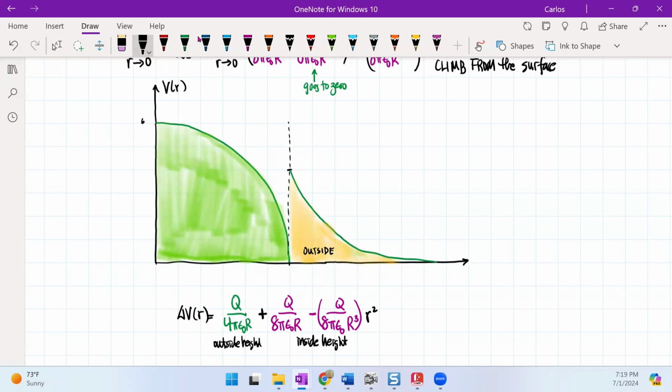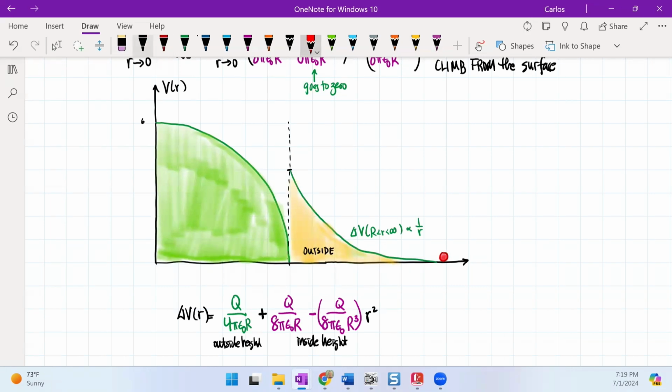And when I look at this, I'm seeing that my potential field between big R, little r, and infinity is equal to this guy, which is proportional to 1 over little r. That's what we're seeing right there when I have this test charge that's moving in.